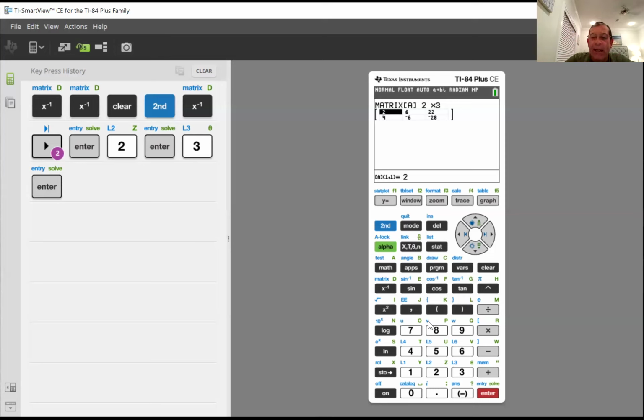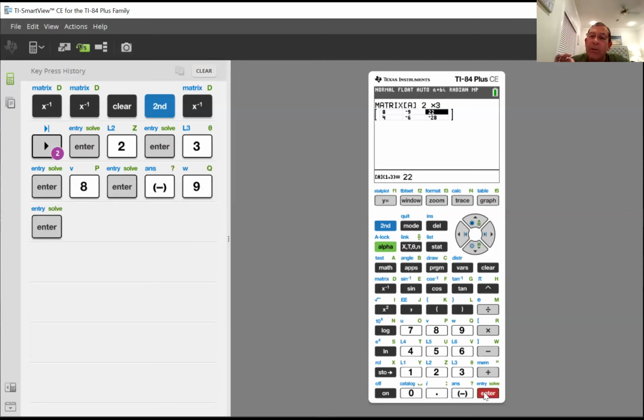So I had an 8, enter. That was my 8x. I got a -9 for the y, enter. Now notice I'm not putting variables, I'm only putting numbers. And then that first answer was 24.5, enter.